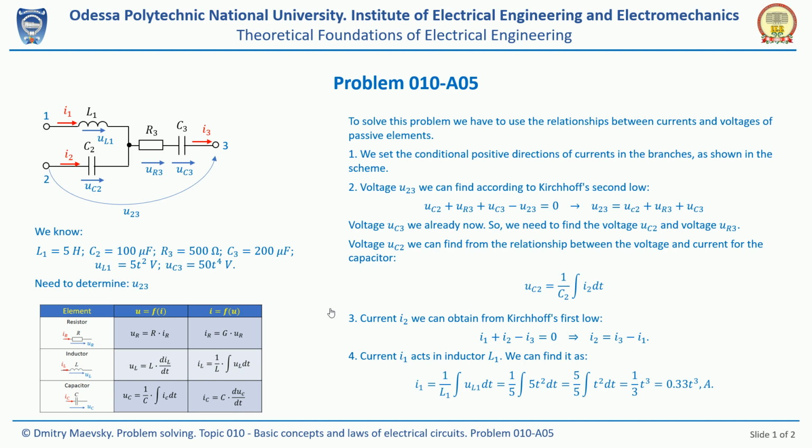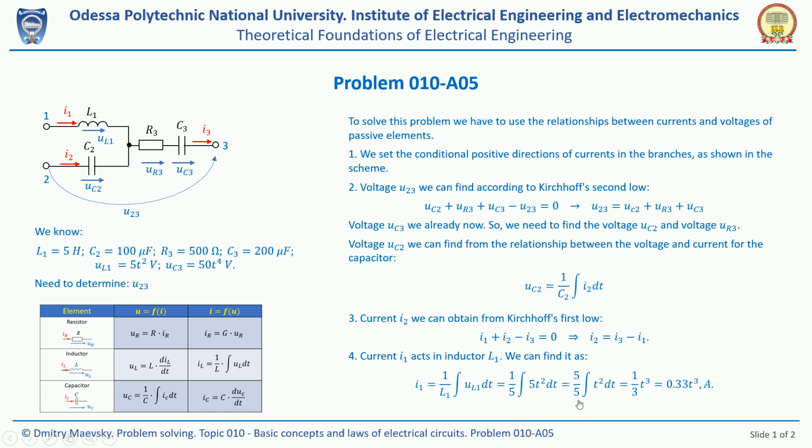Now we substitute the values of parameters of our scheme. Inductance of inductor L1 is 5 henry, and 5 times t squared is the voltage of this inductor.